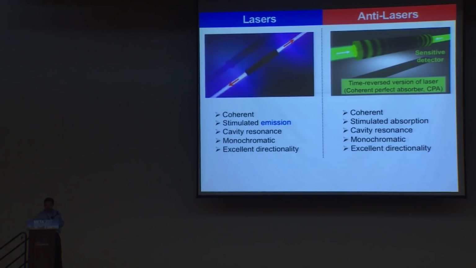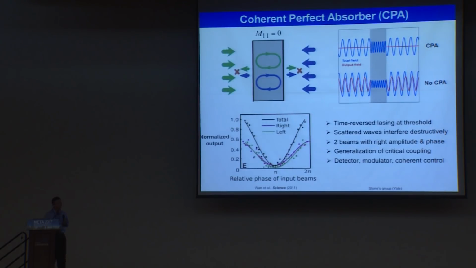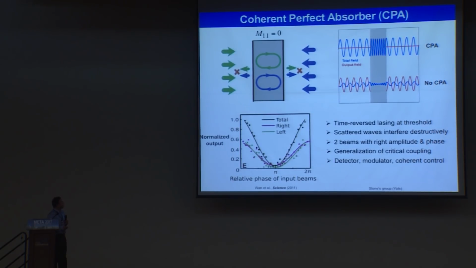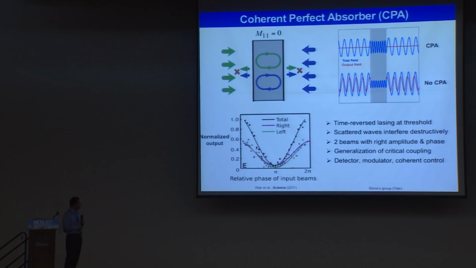So let me quickly review why this is interesting. We will show that this can be a very good sensor for phase. For example, if you have a semiconductor, the current is really dependent on the phase of the incoming beam. And in this case, you could realize perfect absorption. The early work on this coherent perfect absorber was proposed by Doug Stone's group at Yale, and later experimentally demonstrated by the Wave group at the same university.